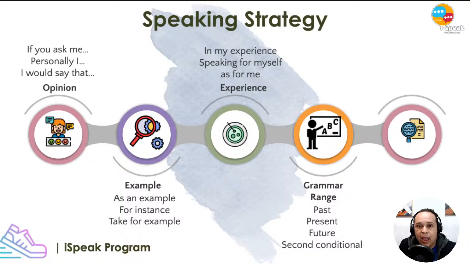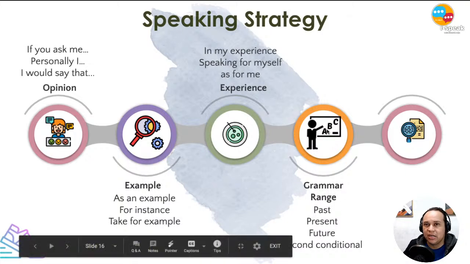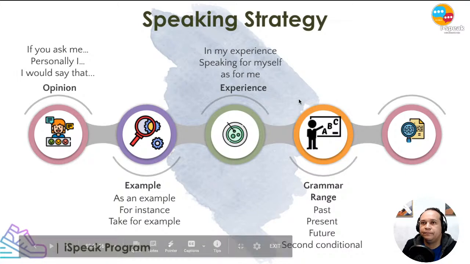Then we got the grammar range, which in this case is second conditional. We can talk in the past, the present, the future, or use second conditional. If you actually know how to use the grammar part, this part of the speaking strategy will be super easy for you to use.